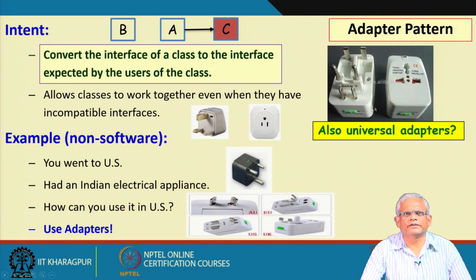The role of the adapter class is very similar to what happens here in the non-software situation, where we are using an electrical device and trying to plug it into the socket of a country.